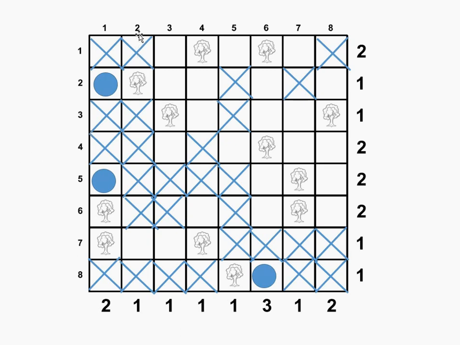Now, column number 2, there's just one cell to make a tent, and of course for this 3 there is just one cell to make a tent here, and here has to be a tent. If there is a tent here at this cell, the condition for row number 7 is to have 1 tent and here has to be the empty cell.